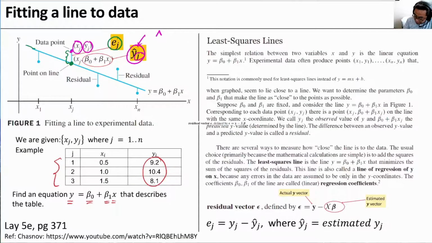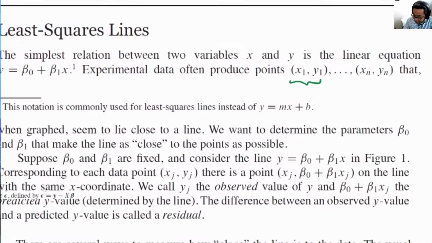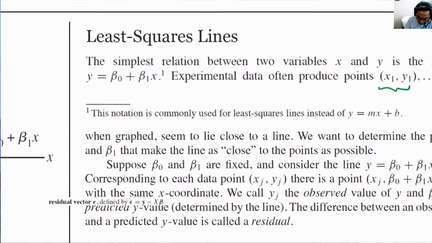Please remember, we are only given data points x1, y1 until xn, yn. We ourselves created an equation to say that y is modeled by beta 0 plus beta 1 x. So in fact, we are only given x and y.